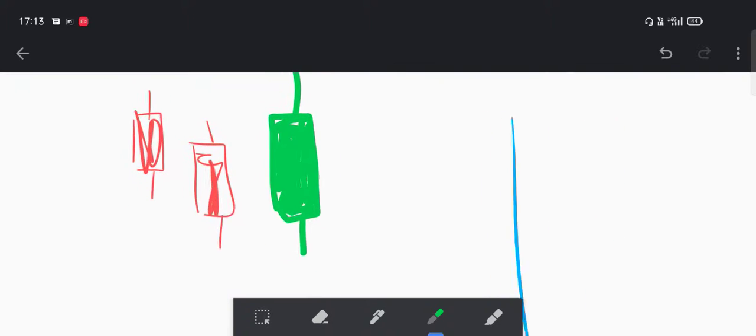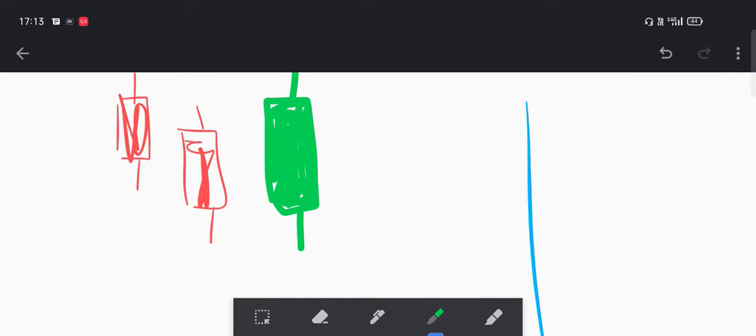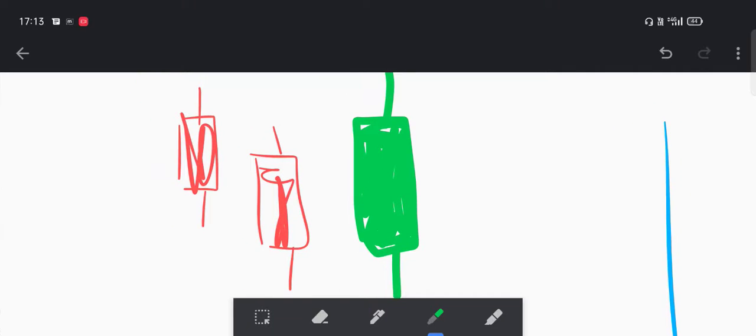Okay. So this is what happened. There were two consecutive bearish candles forming. All of a sudden, a big bullish candle has formed. This kind of candle is known as a bullish engulfing candle. Understand the logic behind it. Bears were trying to push the market down, but all of a sudden bulls came into the picture, and it has engulfed the previous candle.